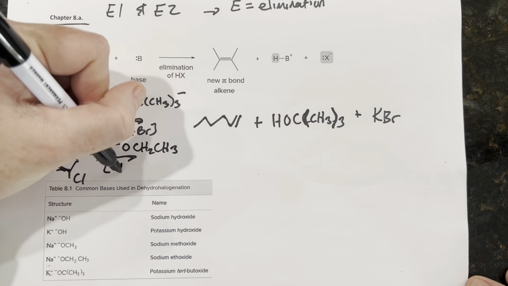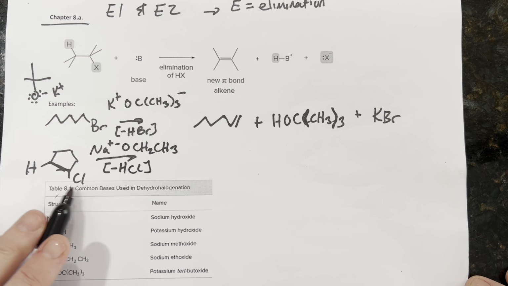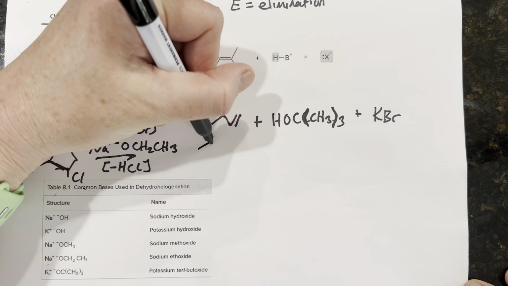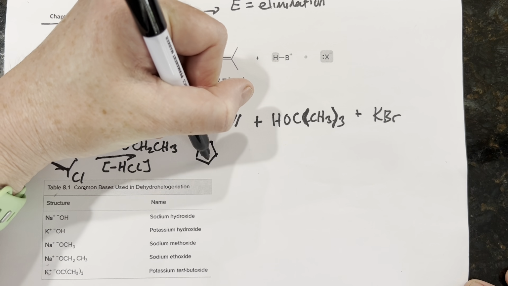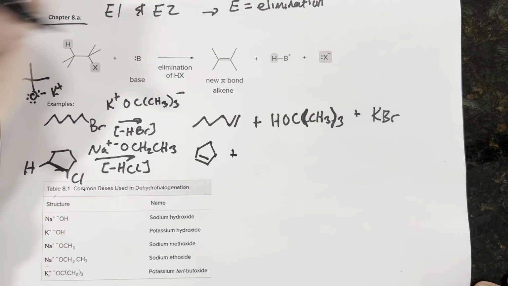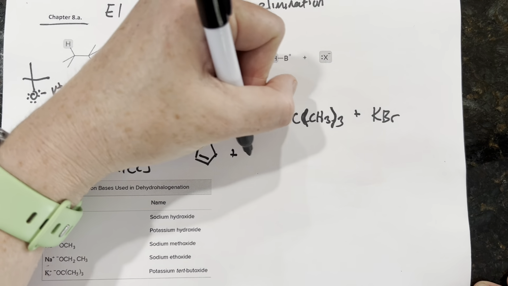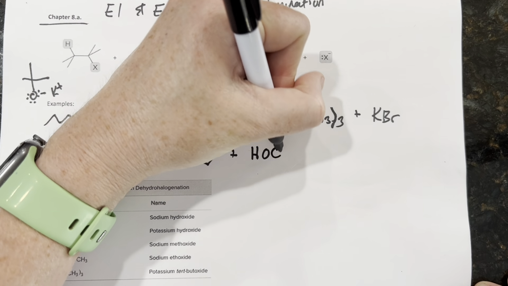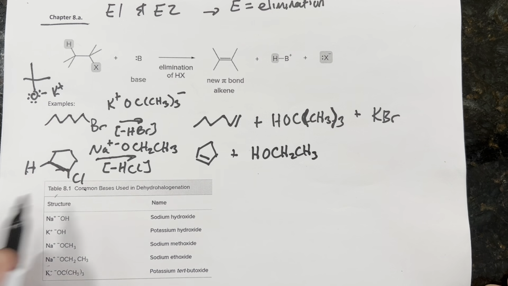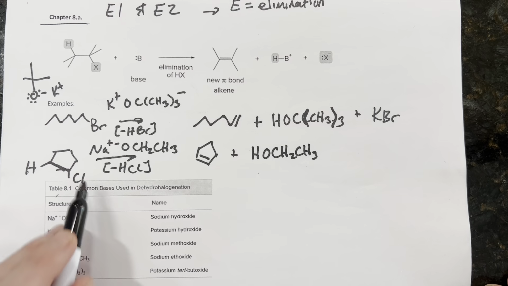Okay, we're going to lose an HCl from here. So we'll take this and that away. And what you're going to be left with is a double bond thing there. Plus again, the H is going to be attached to the base. And the sodium and the chloride are going to chill out.